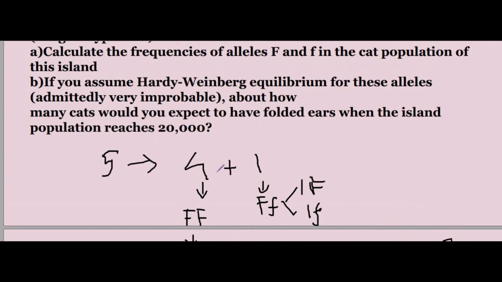Okay. So we have calculated the first part, which is the frequency of alleles capital F and small f. Now we have to assume that Hardy-Weinberg equilibrium is there for these alleles, and calculate how many cats will have folded ears. So folded ears will have the small f allele.